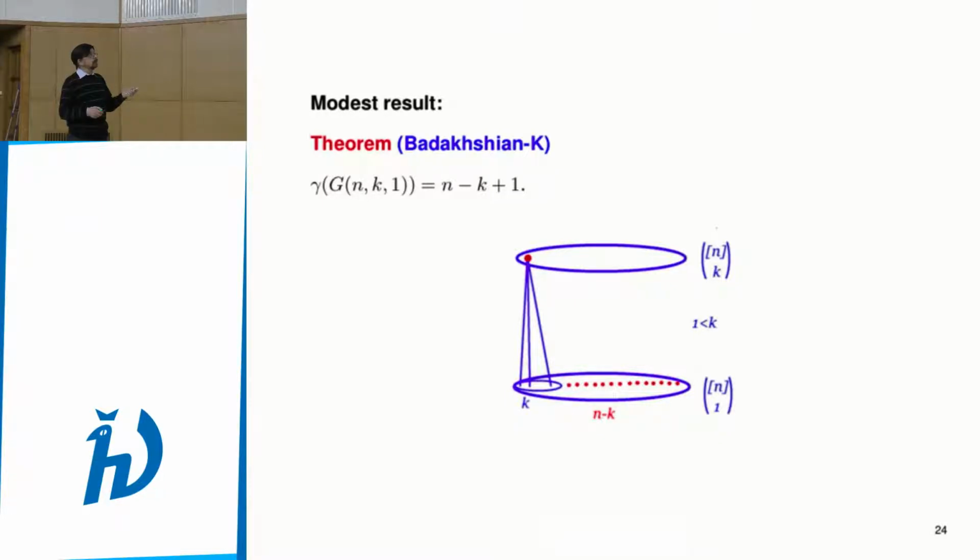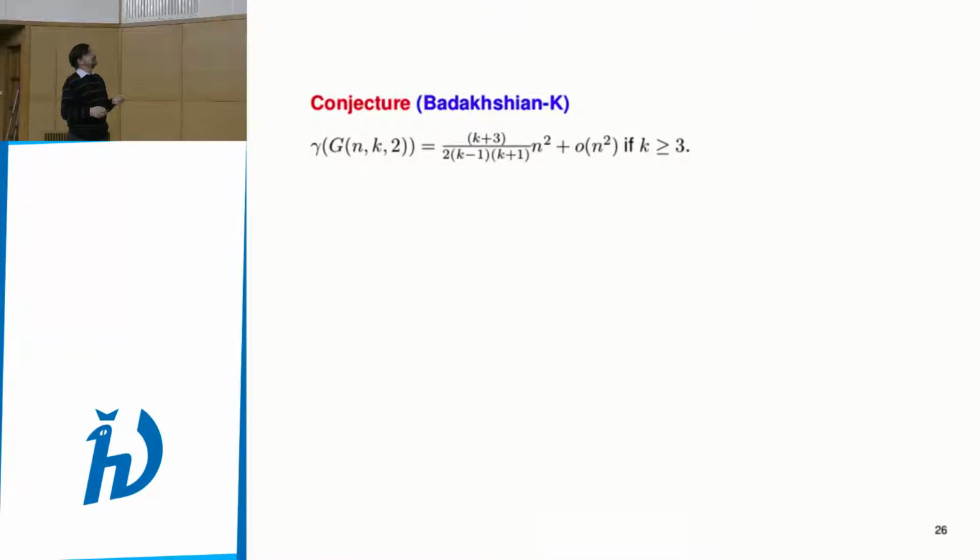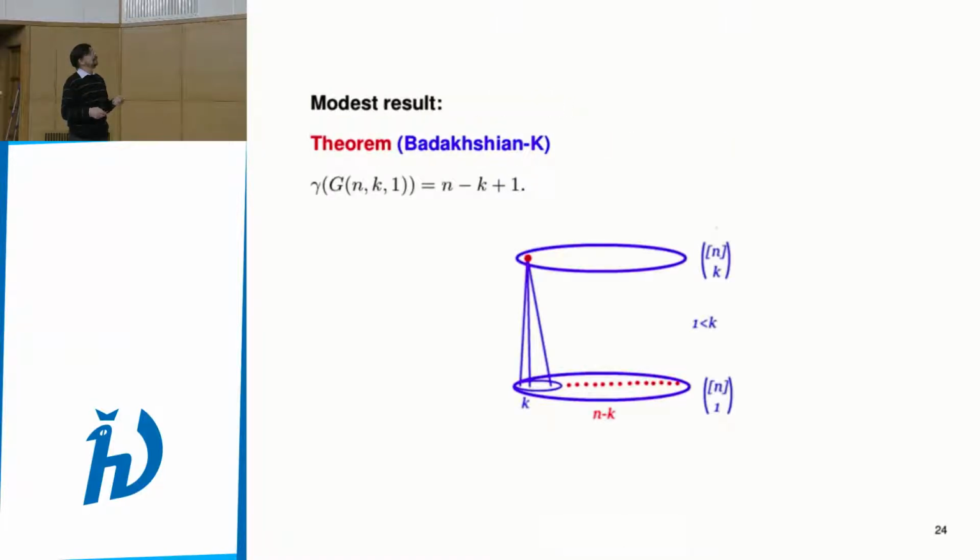So these vertices dominate all the other k-element subsets. And the number here is n minus k red dots, plus this one here. So this point and these are a dominating set. And actually, we had a fairly complicated proof.